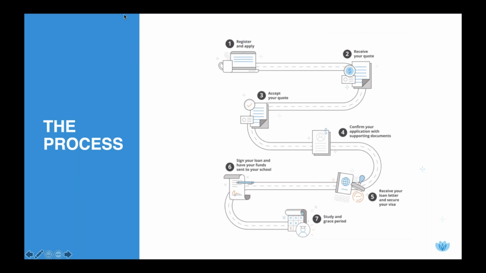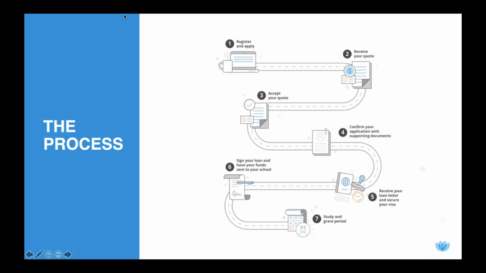So the first thing is you go online and you register and apply. You fill in a 30-minute application, and this 30-minute application is more or less like a Google form. We ask you for a couple of questions before step 2, and all you have to do is just input. At this point, we require no documentation, and even if we do require a documentation, that would only be in the form of online.